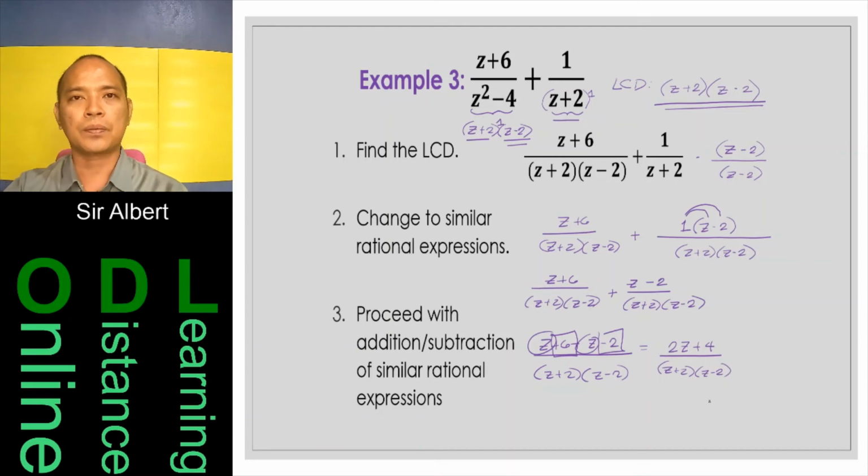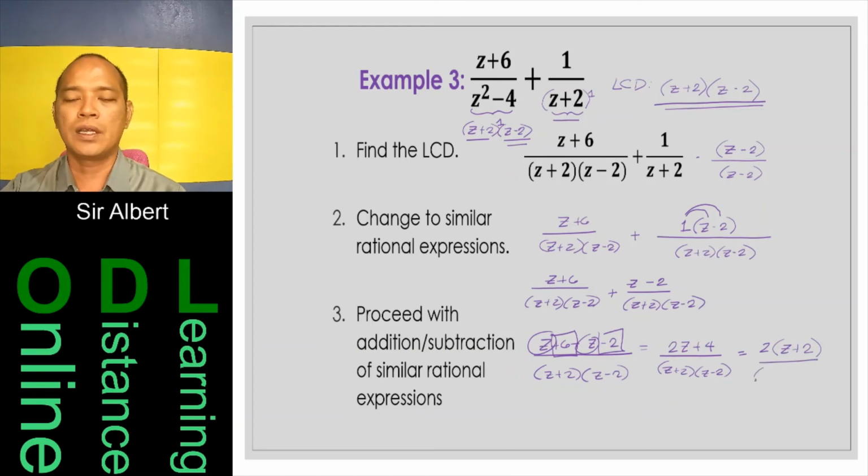We then try to figure out if there is a factor that's common to both numerator and denominator, which we can cancel. We can easily identify if there is such a common factor if we try to express things in factored form. So the numerator, we factor this one as 2 times z plus 2. That is, we make use of factoring by the GCMF, wherein the GCF is 2.